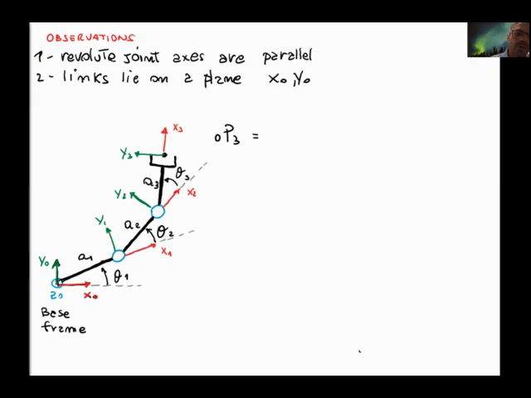So this is the position of this point in the base frame, the zero frame.